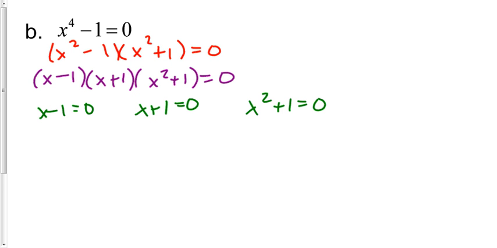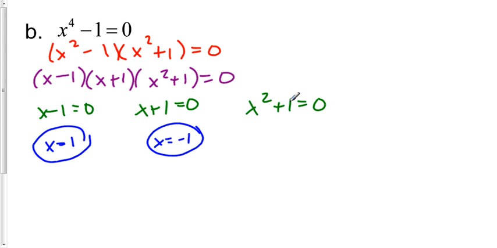In the first case, we get x equals 1. In the second case, I'm going to subtract 1 on each side, so I get x equals -1. And over here, I'm going to subtract 1 on each side to get x squared equals -1. And then to undo a power of 2, we're going to take the square root of each side. So x equals, remember that your square roots are positive and negative, and the square root of -1 is i.